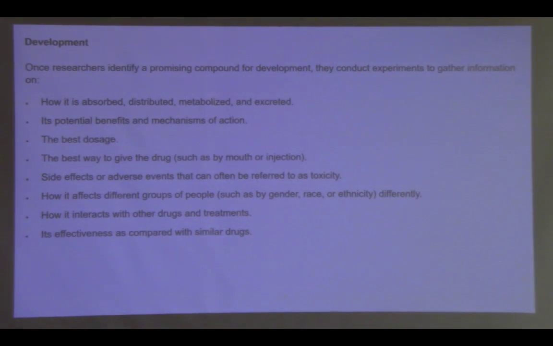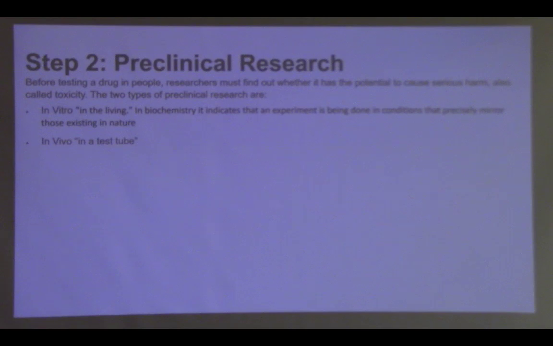Part of the development process is determining how drugs are absorbed, distributed, metabolized, best dosages, mechanisms of action. Sometimes this is just artificial intelligence, and it moves into preclinical research then. That can be done either in vitro, kind of in nature, or in a test tube.